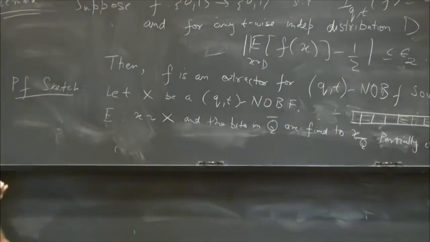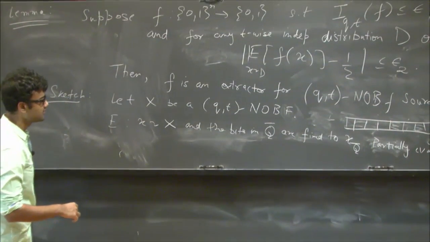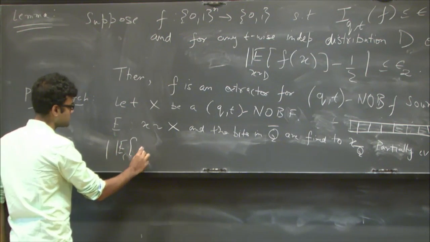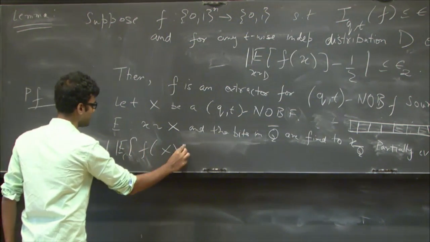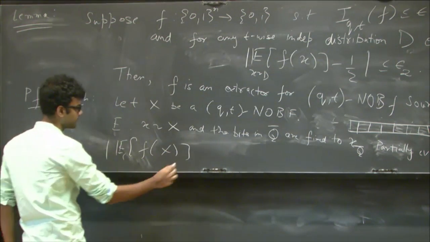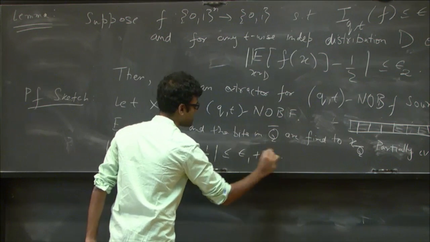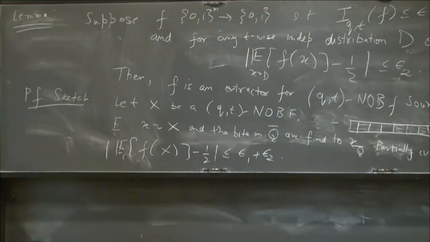So this is roughly the proof sketch, and it says that the expected value of f of x minus half is at most epsilon 1 plus epsilon 2.